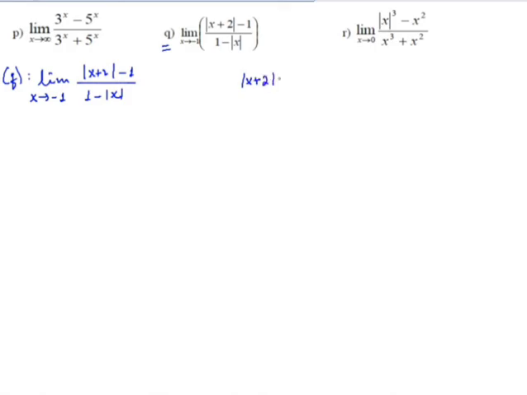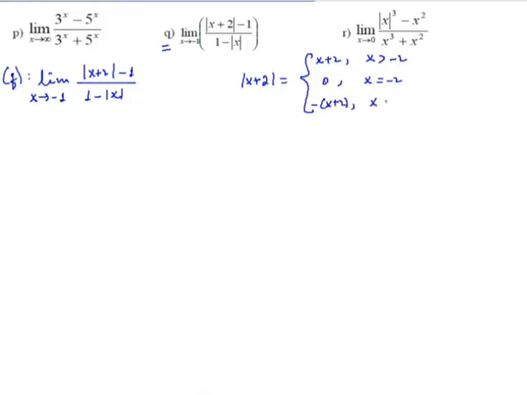Absolute value of x plus 2 becomes x plus 2 itself for x greater than minus 2. Otherwise, it is 0 whenever x is minus 2. For x less than minus 2, the result will be minus of x plus 2.